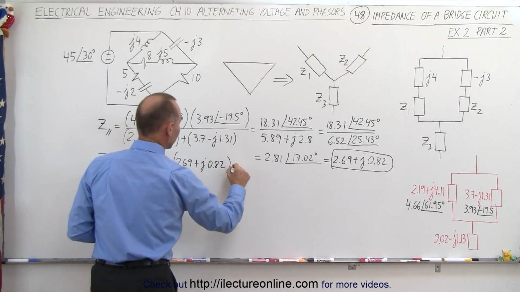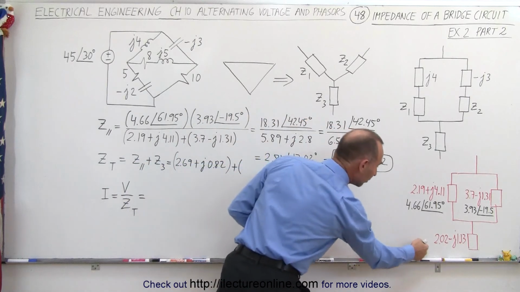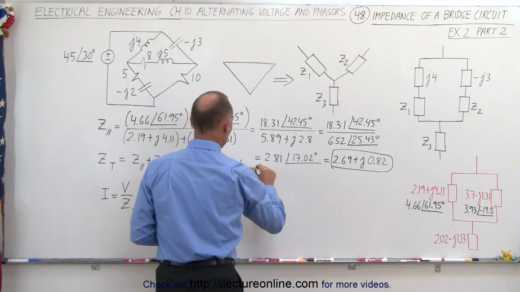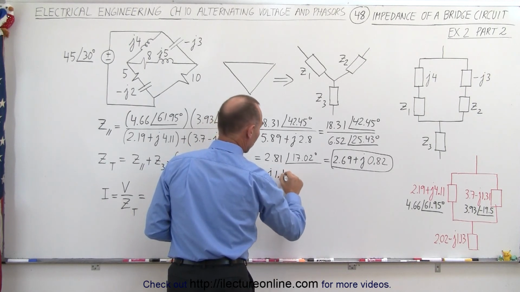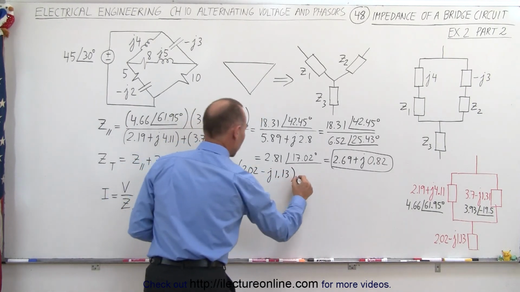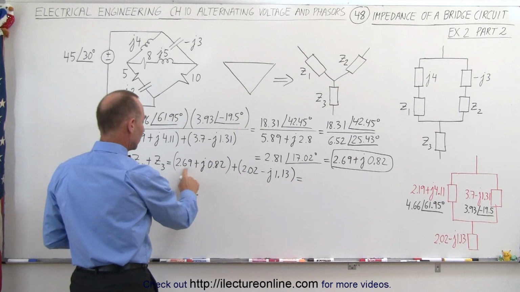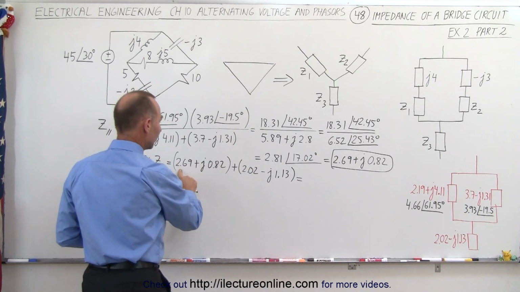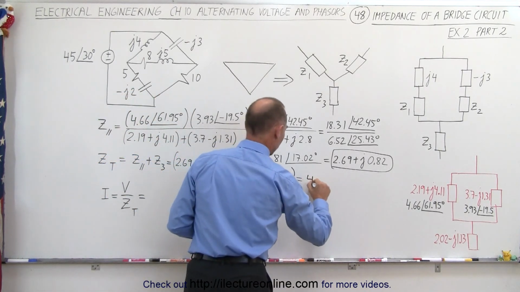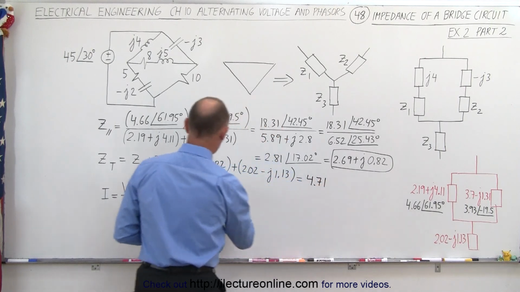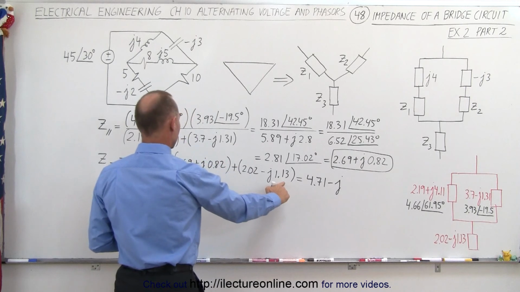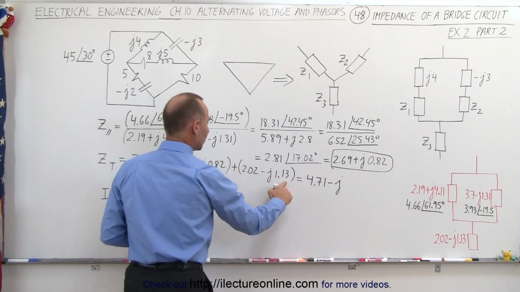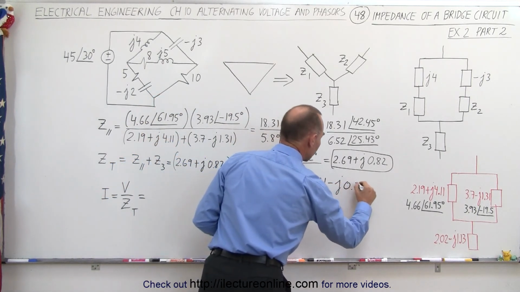And we're going to add that to the impedance Z3, which is 2.02 minus J 1.13. And when we do that, we add these two together, we get 4.71, and that would be minus J 0.31.